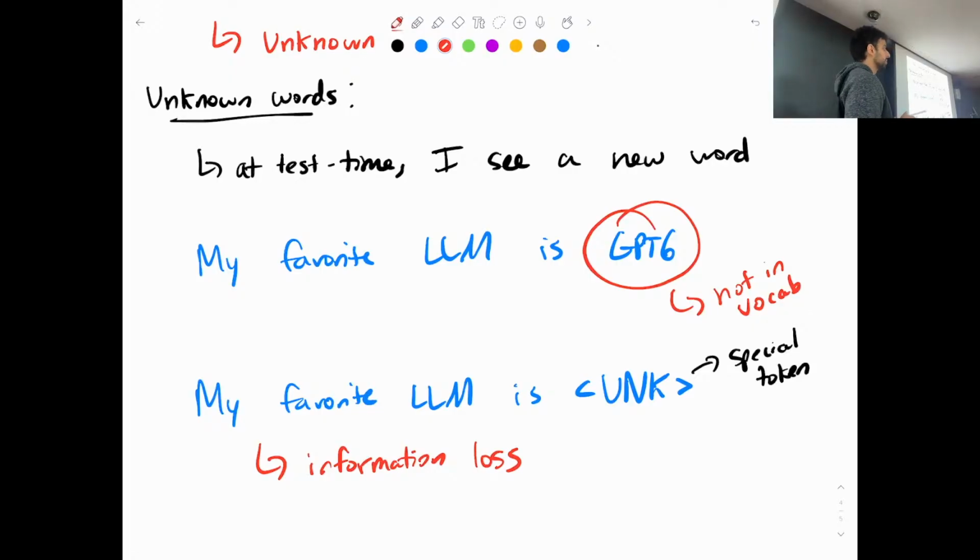What's another issue with this? What if it's a contextually important word? Yeah, I mean, it's related, right? In a lot of these cases, the word that is replaced with an unknown token is actually extremely important. Like it might be a rare entity or very important to the topic of the document, and so replacing it in this way loses a lot of information.